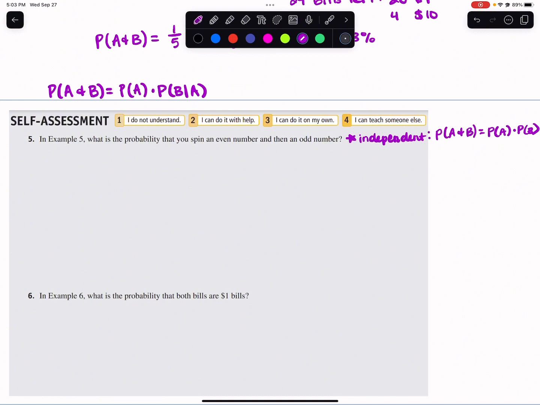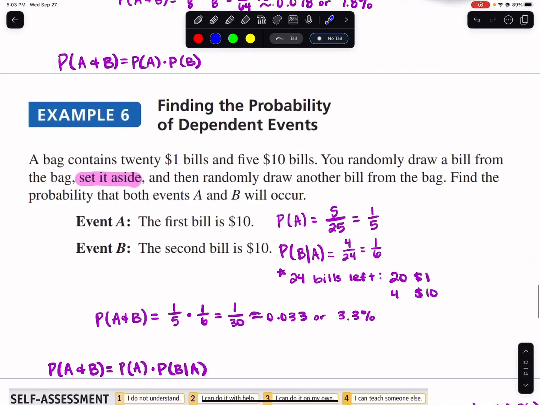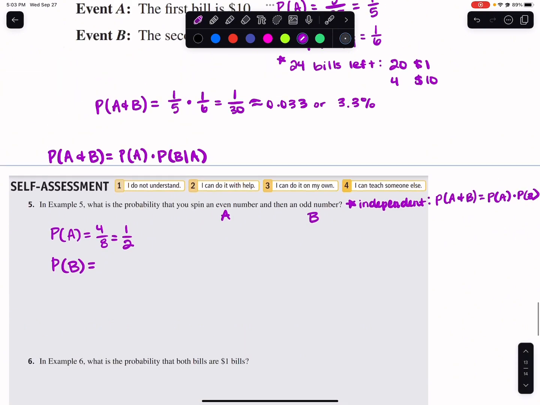So A is an even number, B is an odd number. If I look at my spinner, I have 1, 2, 3, 4 even numbers. So P of A is 4 over 8, which simplifies to 1 over 2. P of B, probability of choosing an odd number.